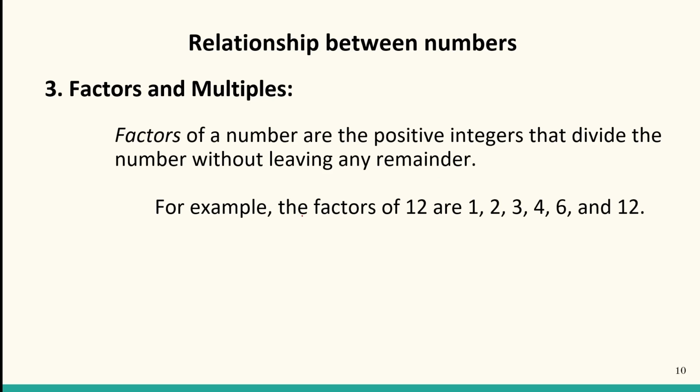So for example, we see the factors of 12. Okay, 1 leaves 0 as remainder, 2 leaves 0 as remainder as it is even, and 3 into 4 is equal to 12. That is why 3 and 4 both leave a remainder 0. 6 into 2 is equal to 12. That's why 6 also leaves a remainder of 0. And 12 divides itself, so it also leaves a remainder of 0.